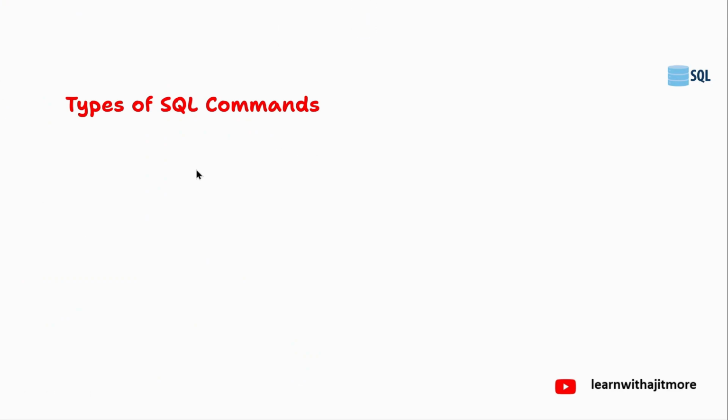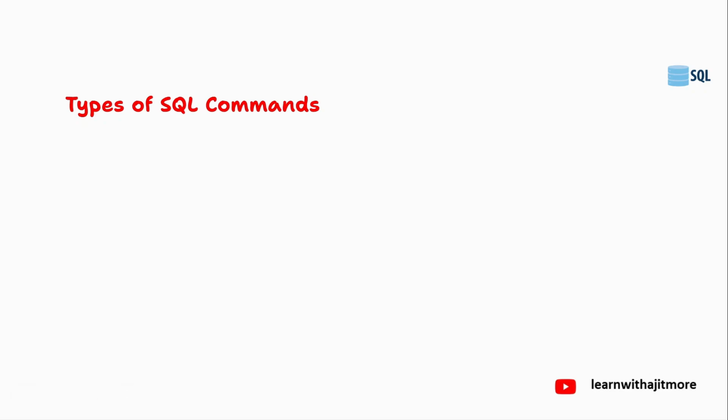Now we have to start learning these commands one by one. We will systematically learn. So first, we'll see the classification of commands. All the commands in SQL are categorized into five main categories. It is the same concept in natural language also.